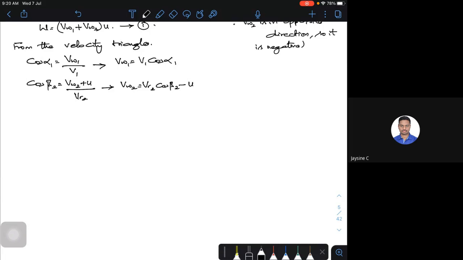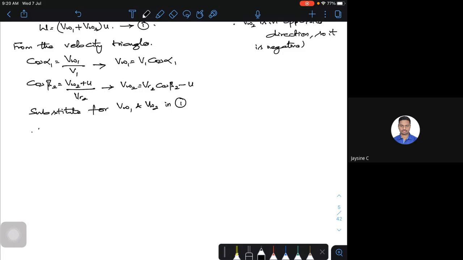So I am going to substitute this VW1 and VW2 in my work done expression, in equation 1.